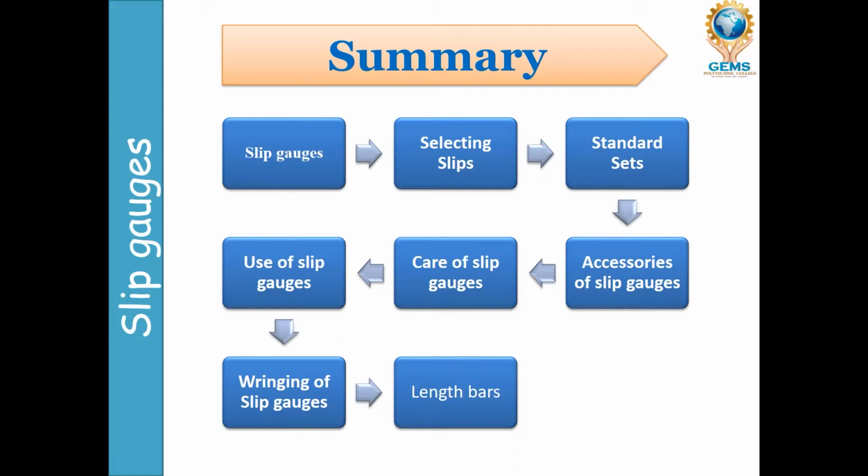To find out the accuracy of our micrometer, vernier caliper and other instruments, and to find out unknown angles also, right? This slip gauge concept is very important in metrology. If you do a measurement for accuracy or calibration purposes, definitely the slip gauges and length bars will be used in particular measurement applications.